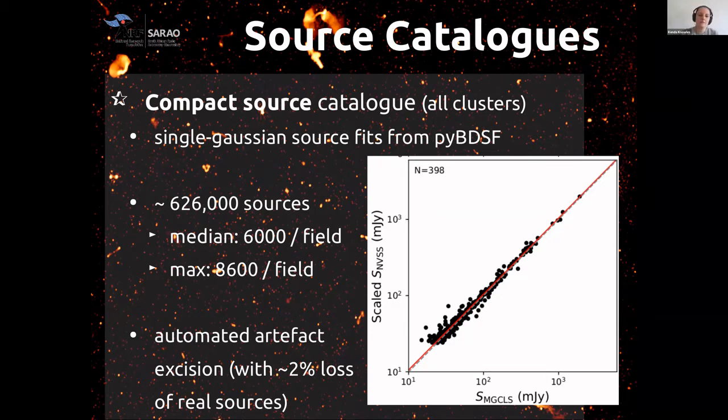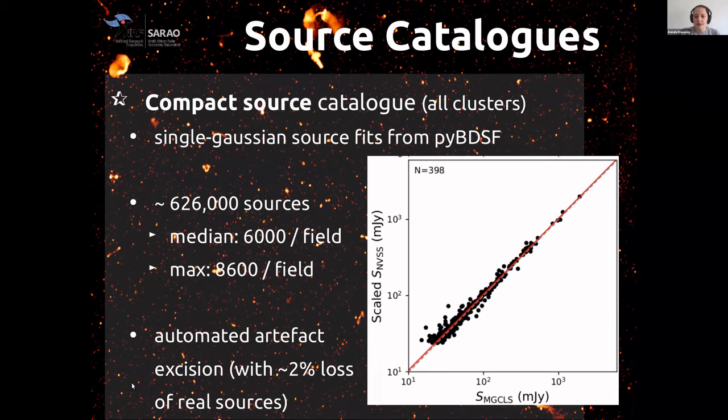As a first release catalog, it has undergone some automated artifact excision, where all sources within a particular region around the bright source have been removed. This takes care of most of the artifacts, but it does remove a small amount of real sources. In our checks, this looks to be about 2% loss of real sources in the whole catalog, which is something we can live with at this stage.